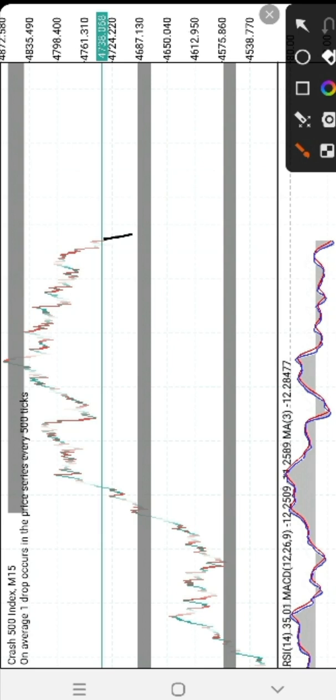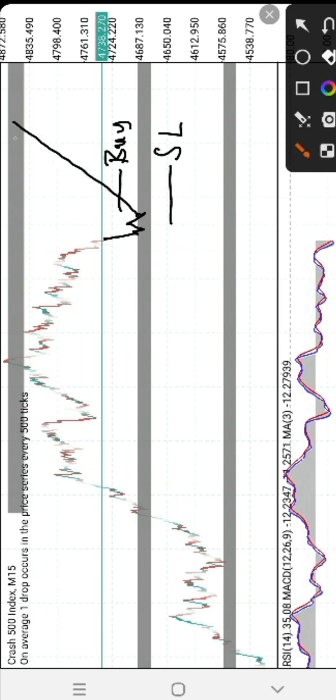So if the market goes all the way to this zone, I'm just waiting for anything like candlestick patterns, trend line breaks, or chart patterns like double bottoms, and then I'm going to be buying, let's say at this point right here, and putting my stop loss below this zone, and then expect the market to move all the way up to this point right here.